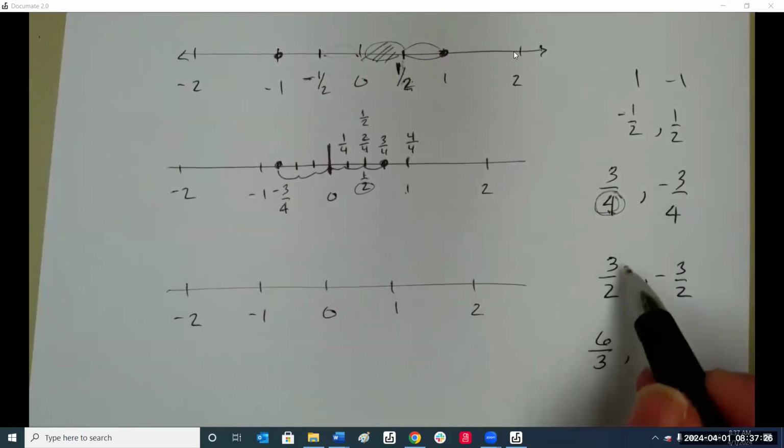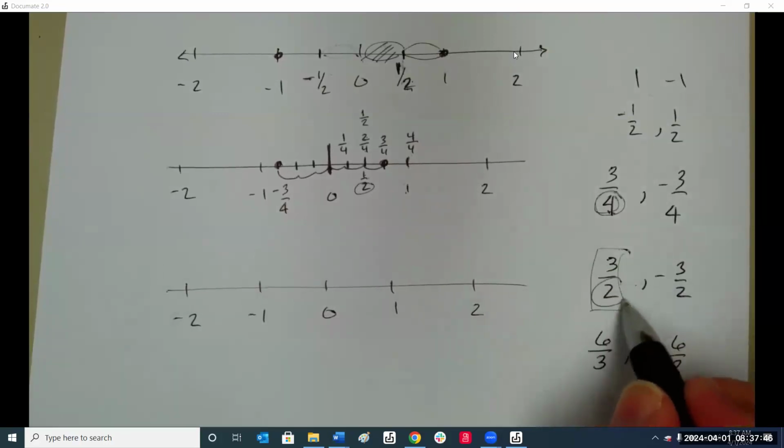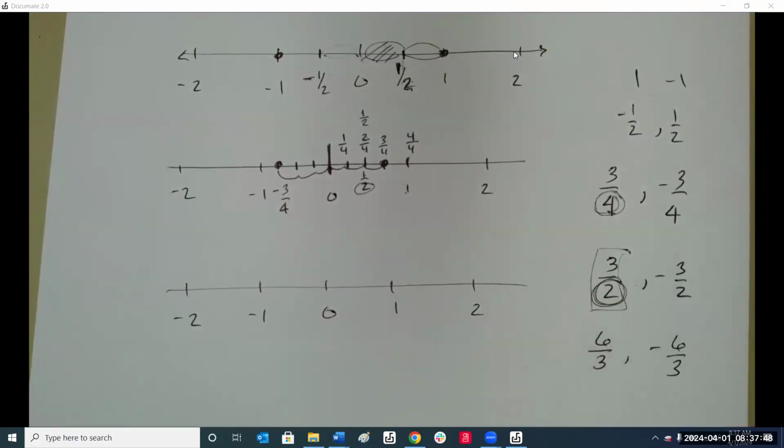What does this one mean? 3/2. Yeah, you're thinking as an adult. What does the kid have to do first? Yeah, we have to get the halves.